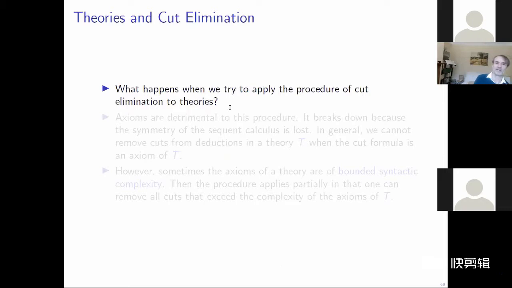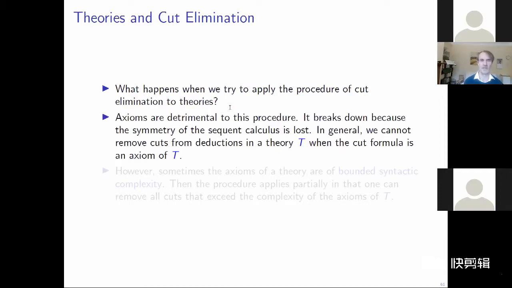Okay, now the question is, well, here we have looked at predicate logic, so pure logic, as it were. But most theories will have axioms, and what happens then? Well, it turns out that axioms are detrimental, so they're not good for the cut elimination procedure.